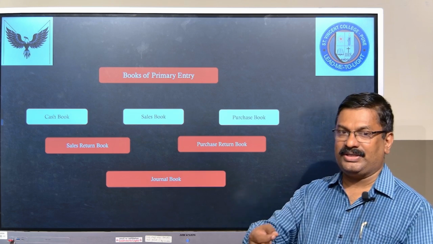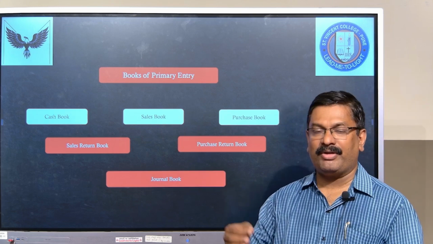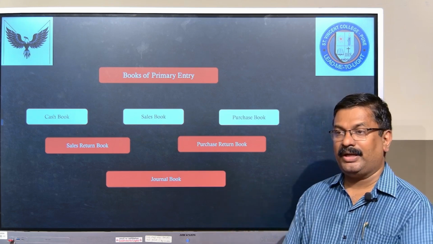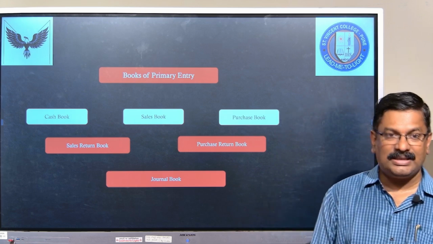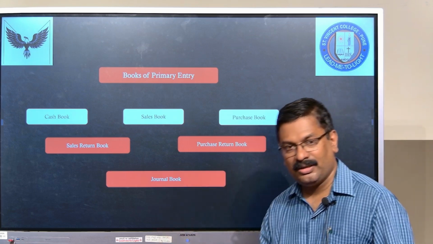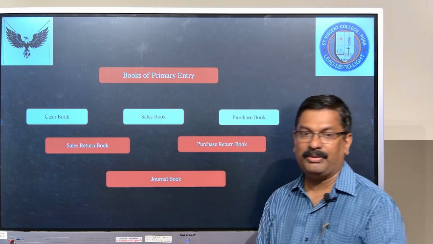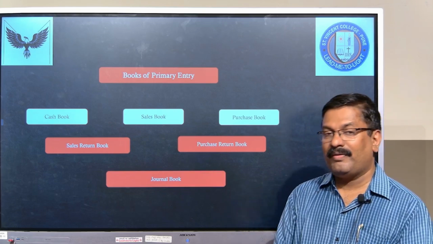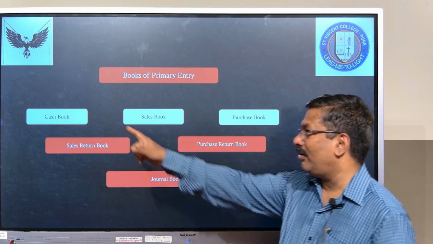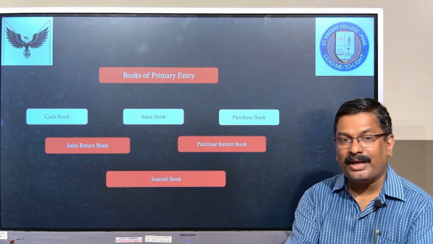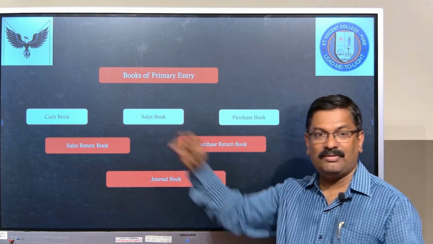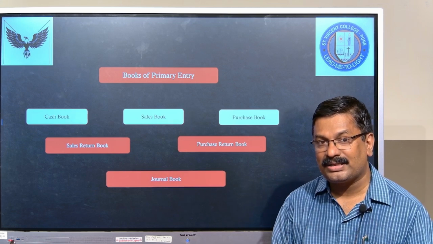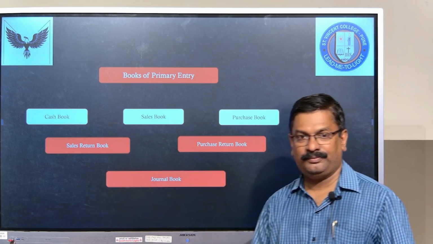Whatever money you have received, whatever money you have given, whatever the purpose, whether it is for this year or last year, or paid in advance for next year, everything will come in the cash book. Whether I am purchasing assets or buying goods to sell, whether I am taking a loan or selling goods, all types of cash transactions will come here.